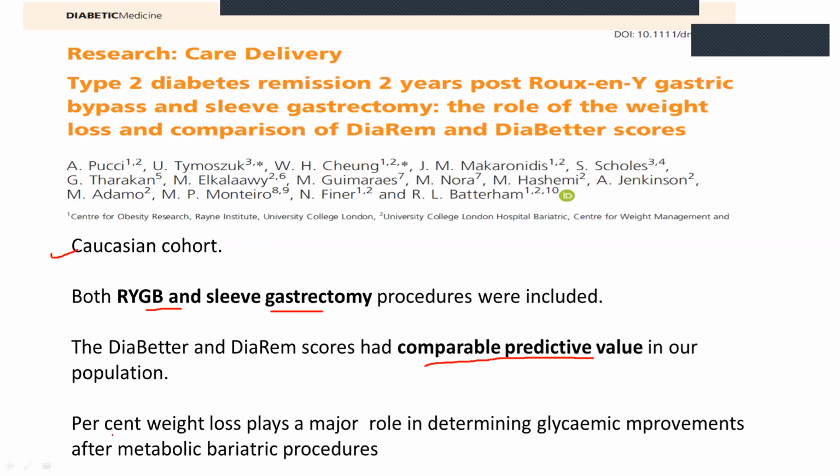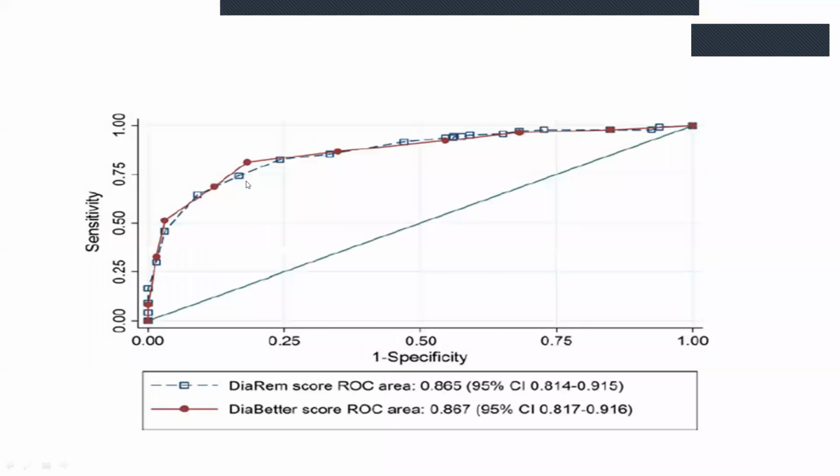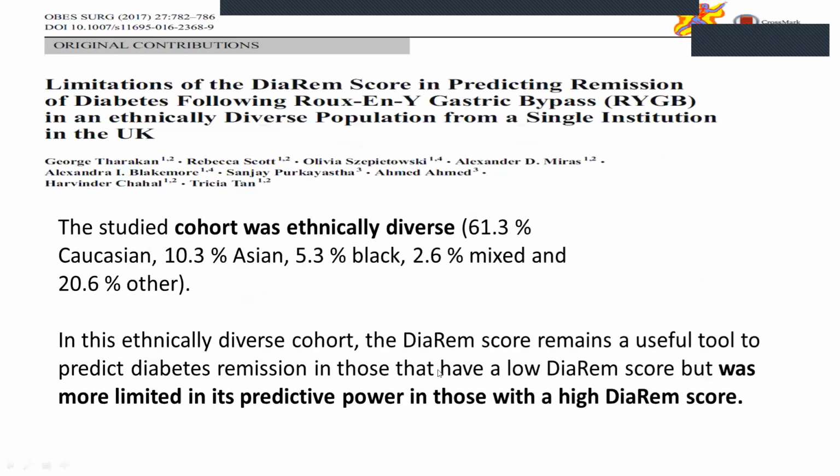Also, they found that weight loss plays a major role in improvements after metabolic bariatric procedures. So this was the area under the ROC curve. Comparing DiaRem and DiaBetter, we see that both the graphs are almost the same, but numerically the area was a bit higher for the DiaBetter. Both had equal capacities, according to this.